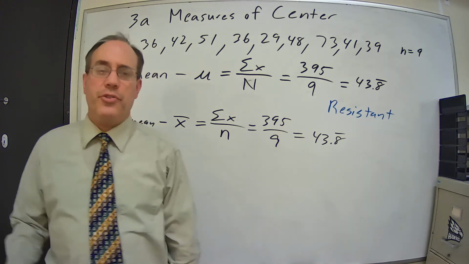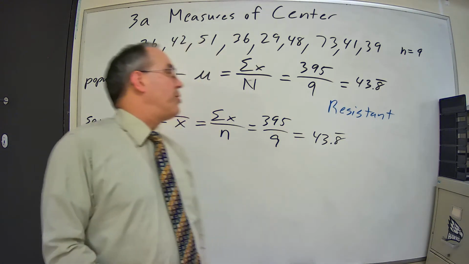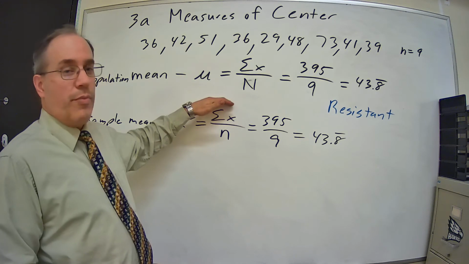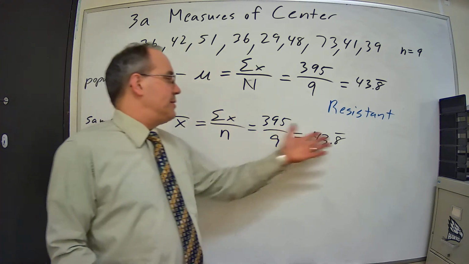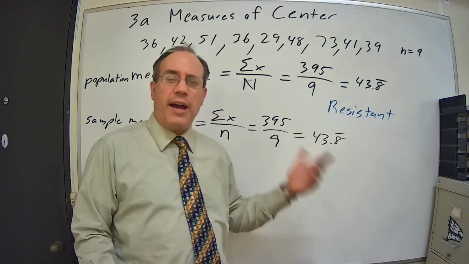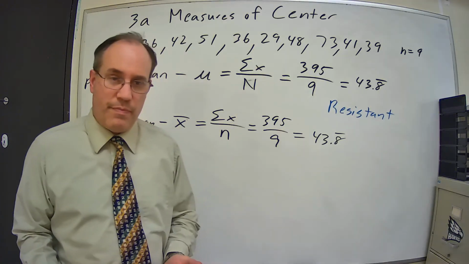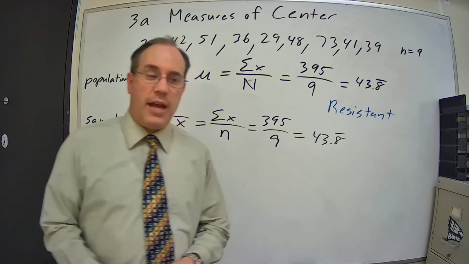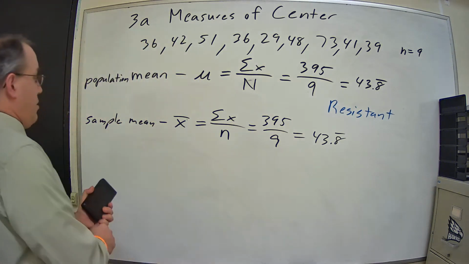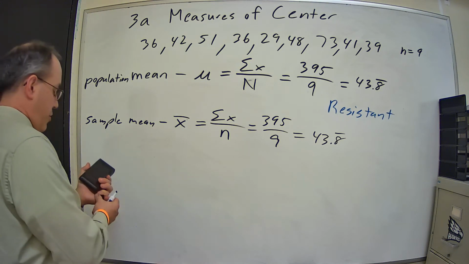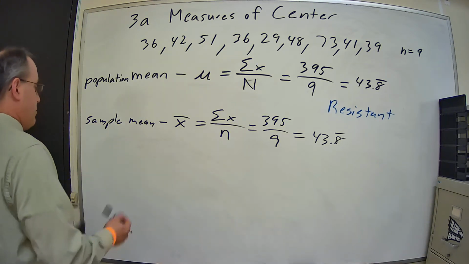So it would have a huge effect on it. So the mean of a set of data can be greatly affected by an extreme value in the data. And that's why many times you'll hear people use another measure of center, which is the median.